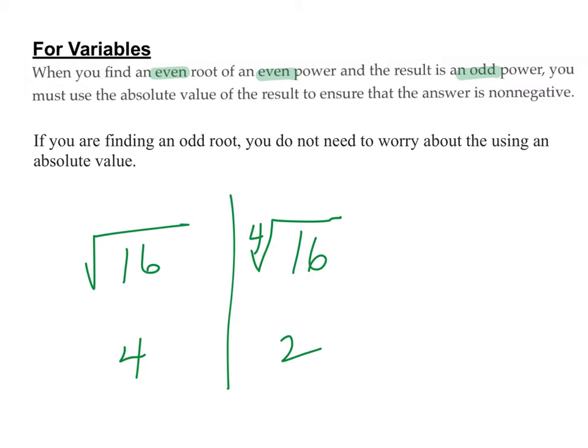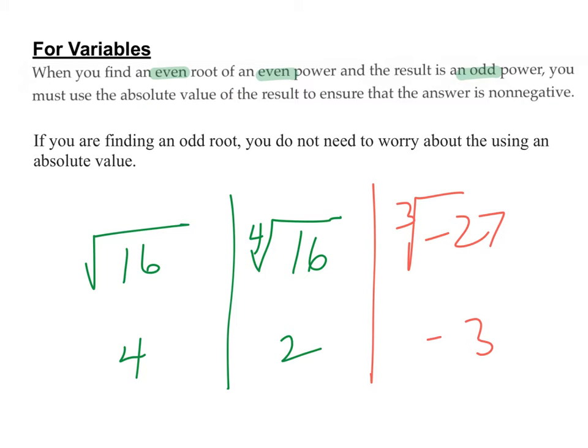However, if I look at something like the cube root of negative 27, I can get a negative 3, because negative 3 to the third power is negative 27. So when the index or the root is odd, we can get negatives. When the index or the root is even, we can't get negatives. And that's what we're trying to prevent in this situation with the absolute value, okay?